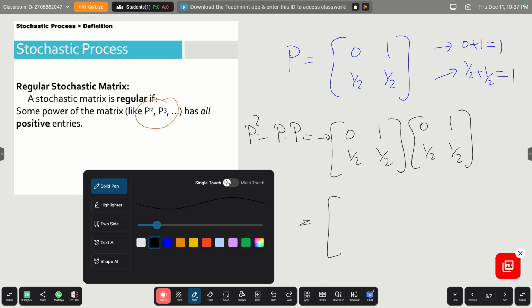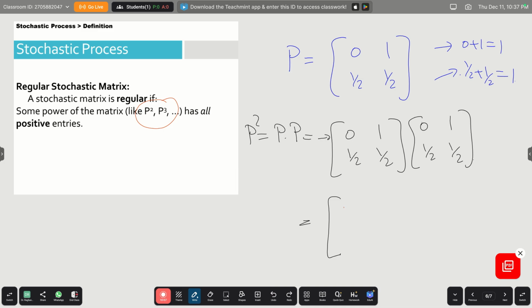So what I do, I'll consider first row with first column, the sum of products: first element 0 into 0 plus second element 1 into 1 by 2, 1 into 1 by 2. First row, first column is done. Now instead of first column, I'll go to second column. First row, second column.